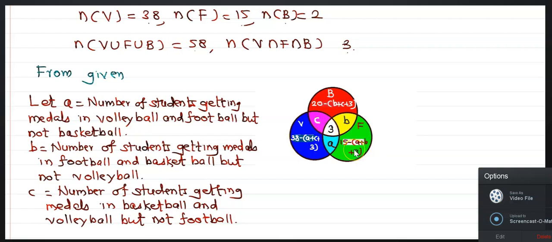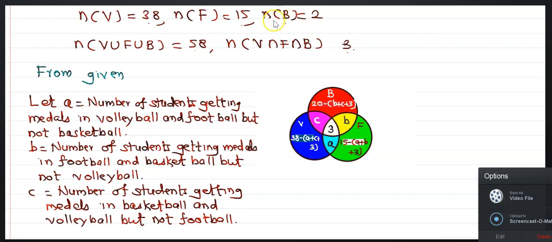Next, the number of students who got the medal in football is 15, so only football is 15 minus (A plus B plus 3).